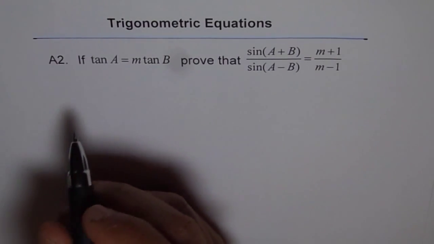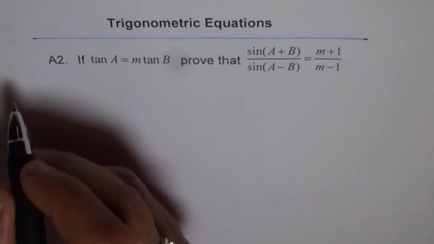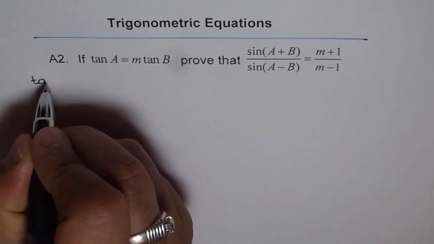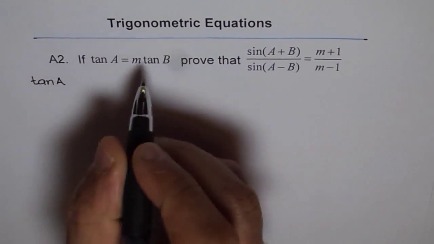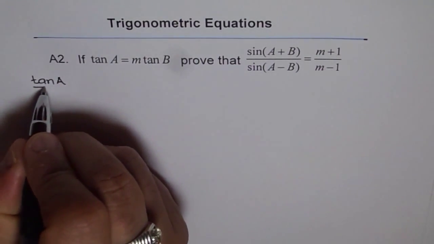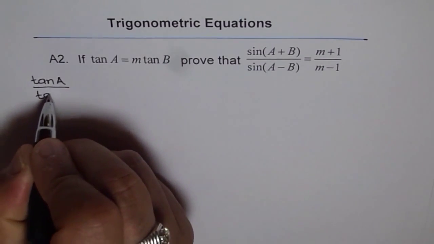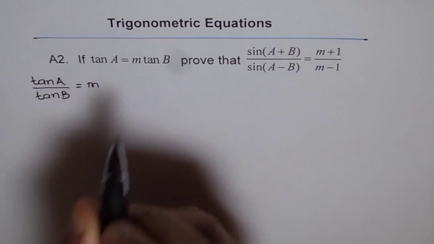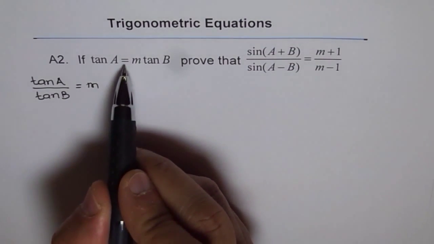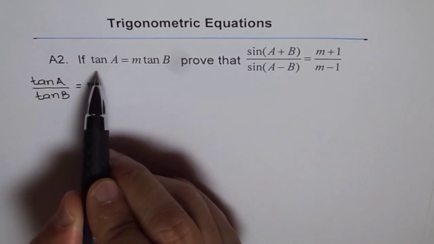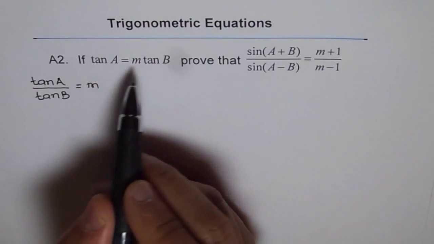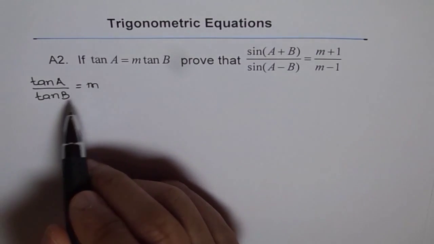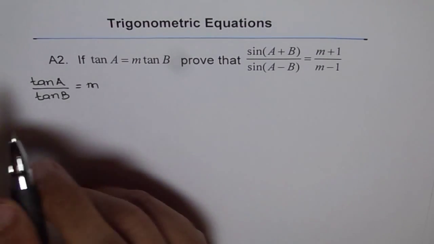Okay. Now we do it like this. Start with the equation, tan A equals m times tan B. If I divide both sides by tan B, I get tan A over tan B equals m.